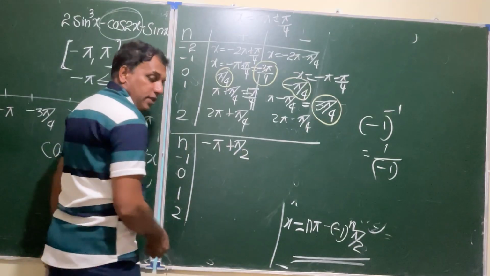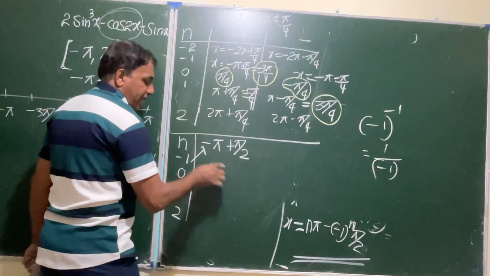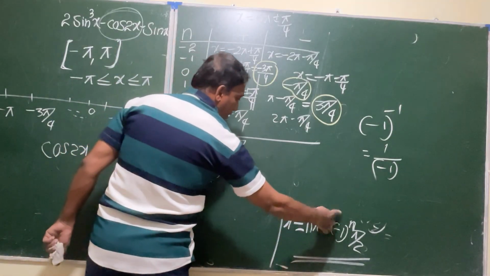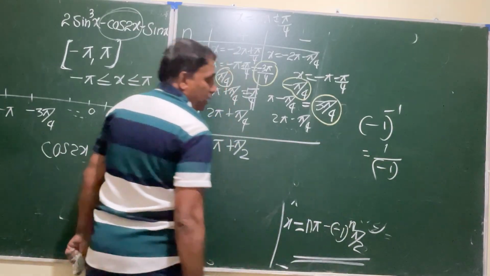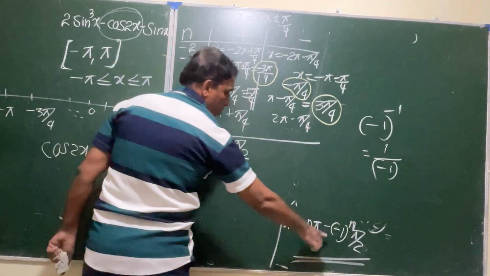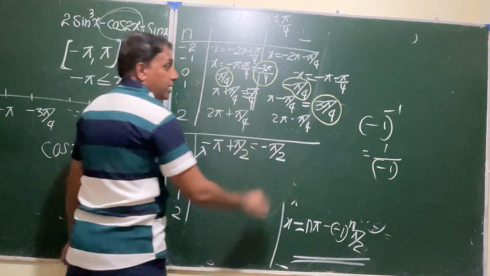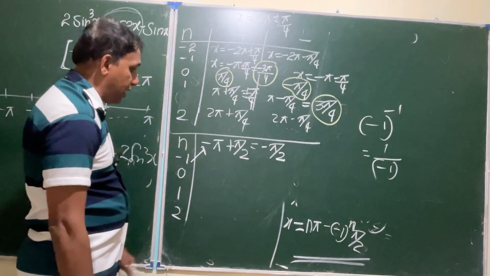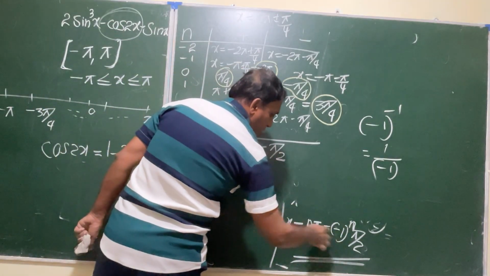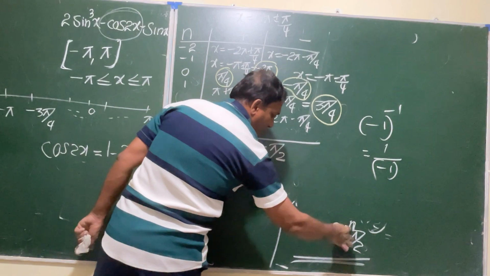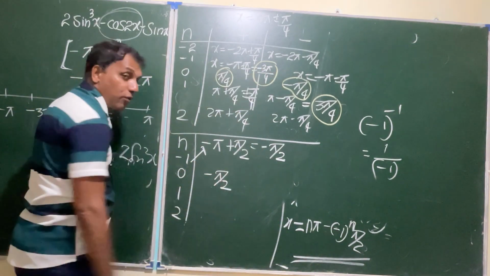Therefore negative pi by 2 can be taken. Put n equals 0: any power 0 is 1, so we get minus pi by 2 can be taken, right?